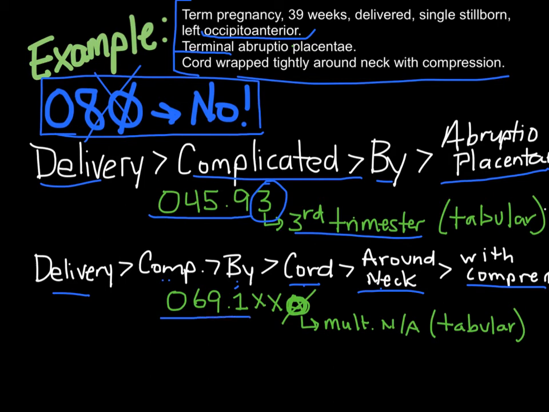When we check the tabular, we pull in some placeholder values because we're instructed to pull in this seventh character. In this case, this is a 0, if you can't tell. This last seventh character here pulls in items that relate to multiple gestations, but in this case, we only have one fetus, so we pull in 0, which is not applicable. We only have a single fetus.